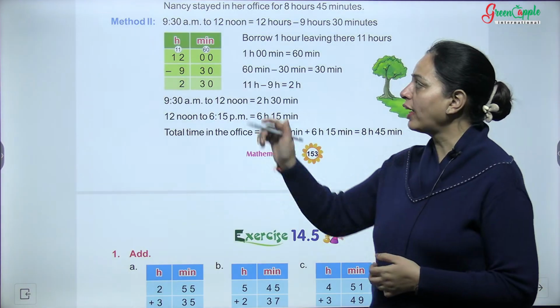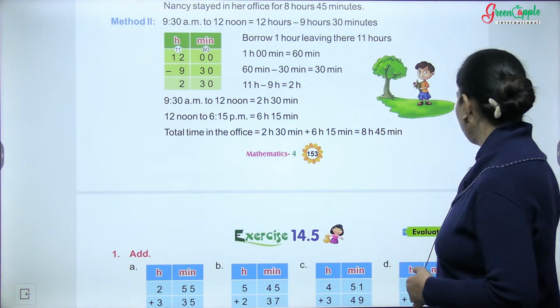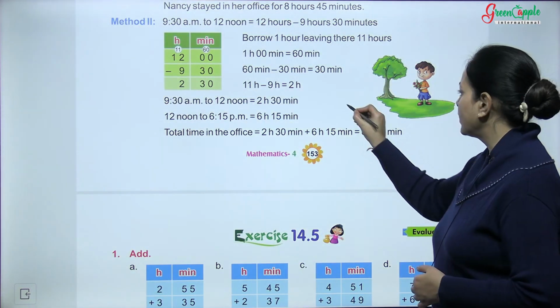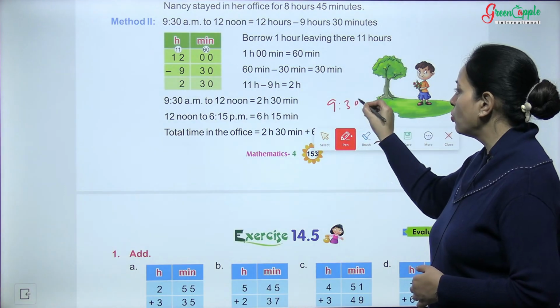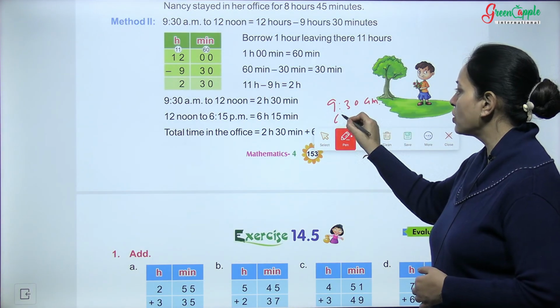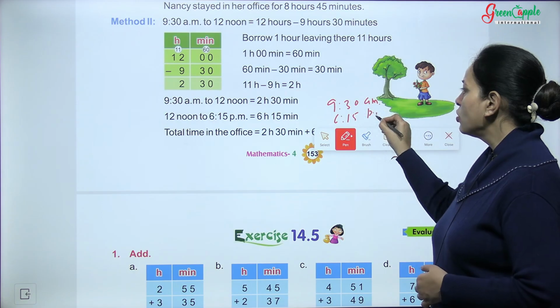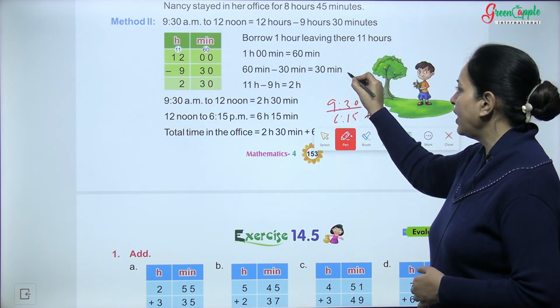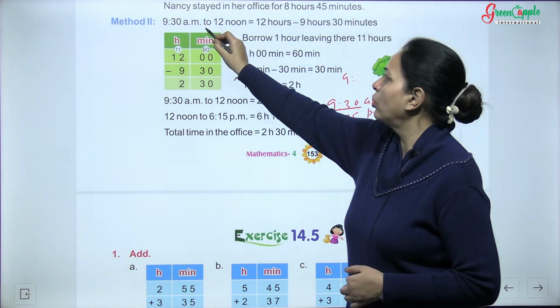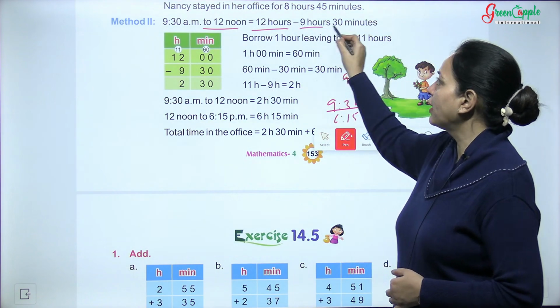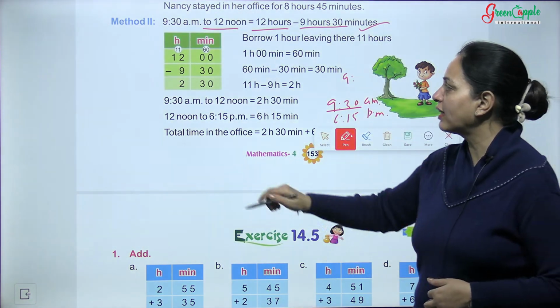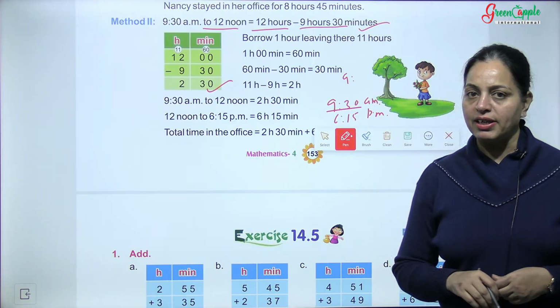Now method 2. 9:30 a.m. to 6:15 p.m., we have to find the time. So what to do? First 9:30 a.m. to 12 noon. It means 12 hours minus 9 hours 30 minutes, that is 2 hours 30 minutes.